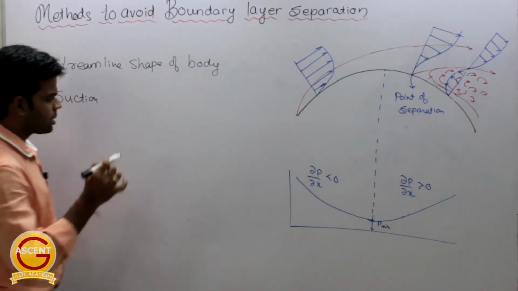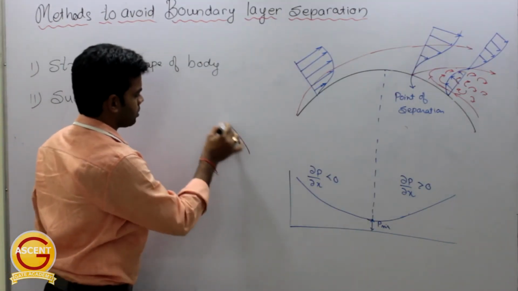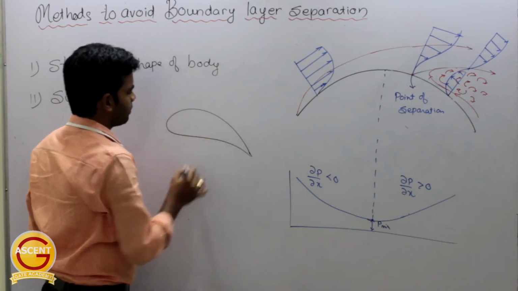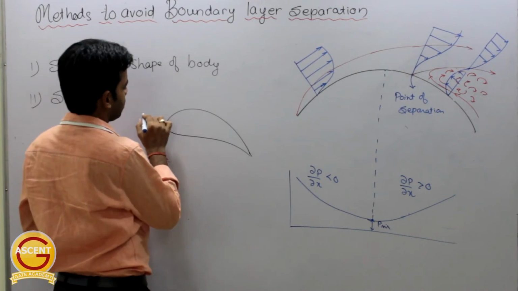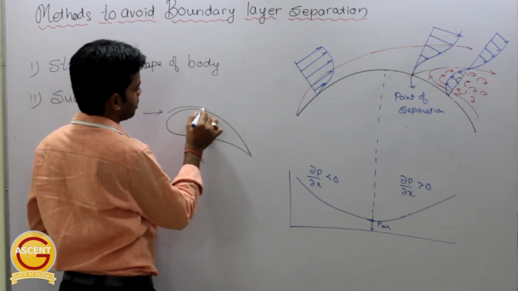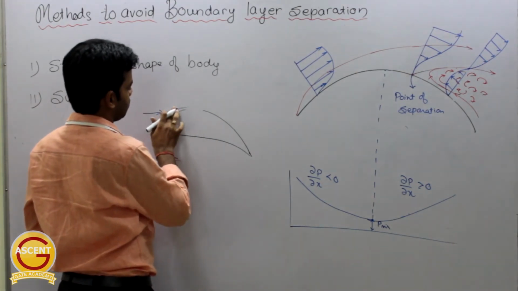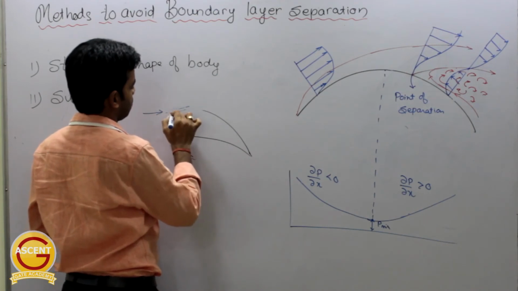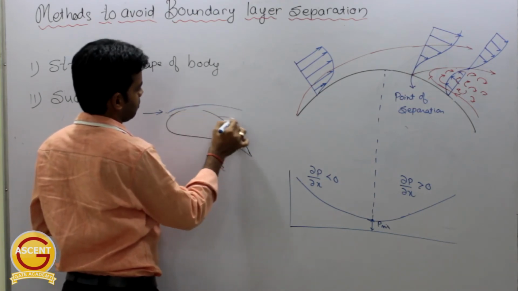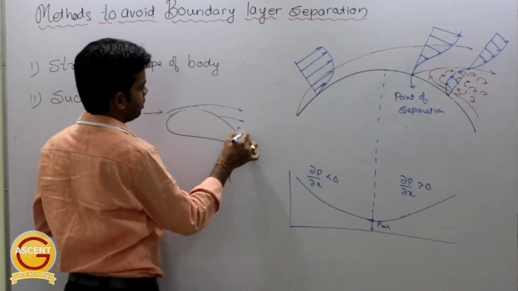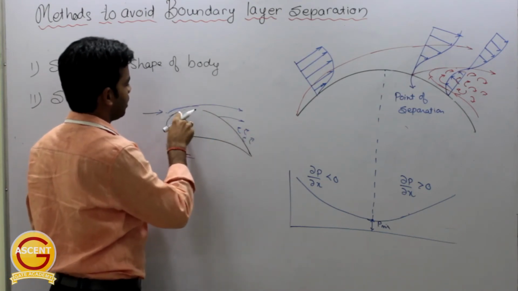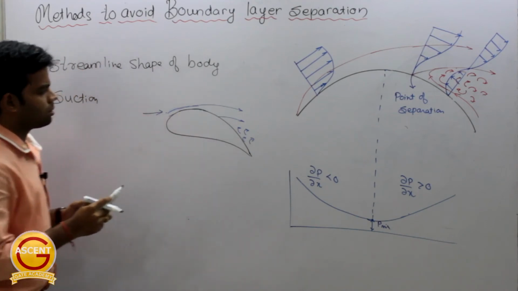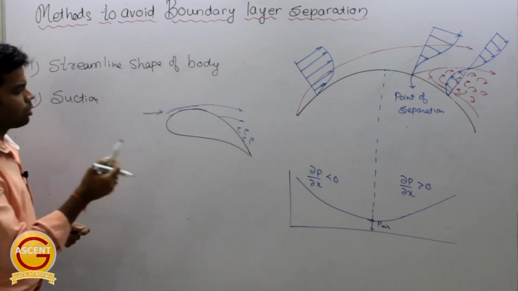Now what actually is this suction? So basically, suppose this is our airfoil, and the air is blowing across this, and because of this there will be boundary layer separation. And this boundary layer separation is actually because of the loss of velocity.